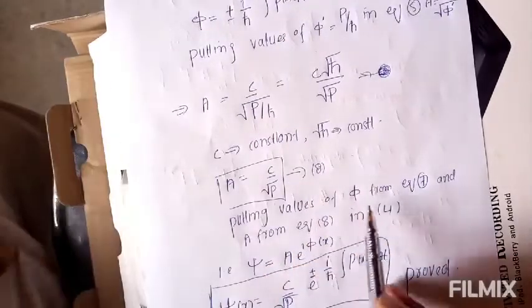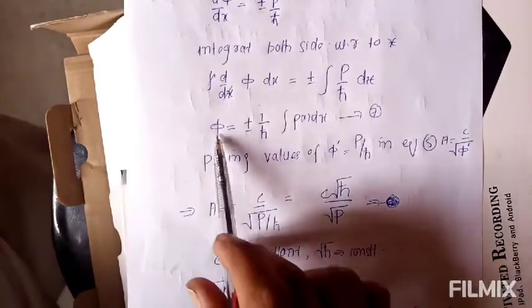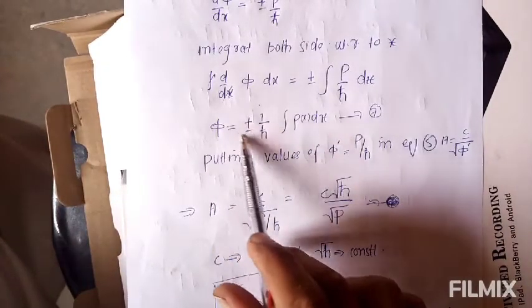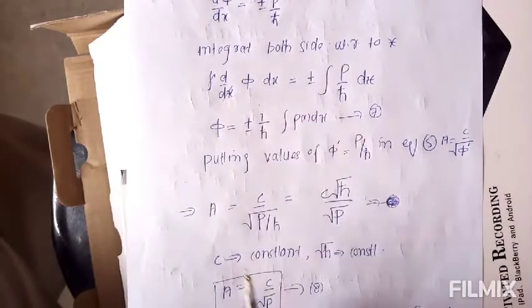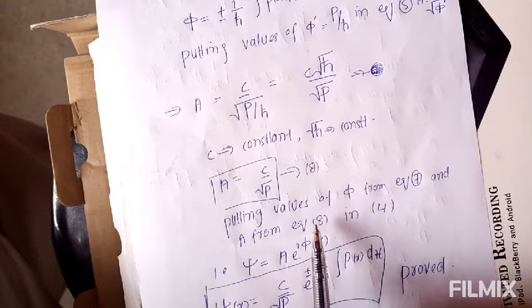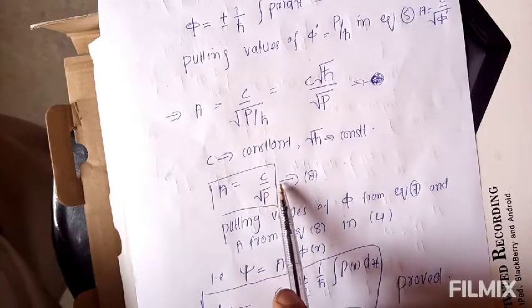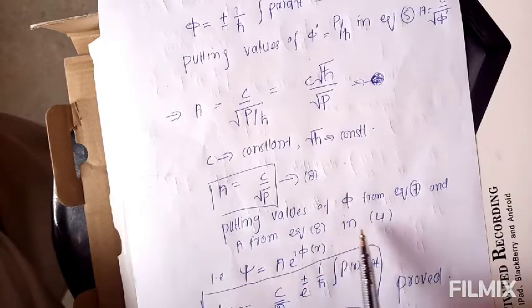Now putting the value of phi from equation number 7, and the value of a from equation number 8, in equation number 4.